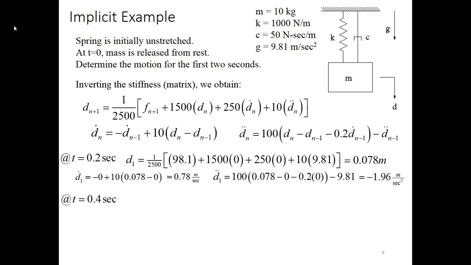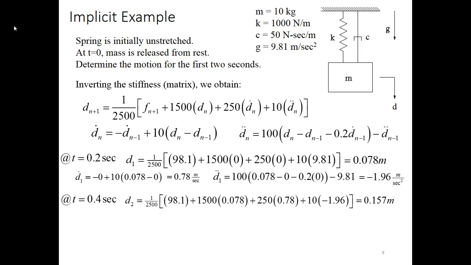Now I can go to the next time step. So that's going to be 0.4 seconds. So d2 is, again, the 1 over 2500 times each of those terms, where now I've got the 0.078 displacement and the 0.78 speed from the prior time step and the negative 1.96 acceleration from the prior time step.